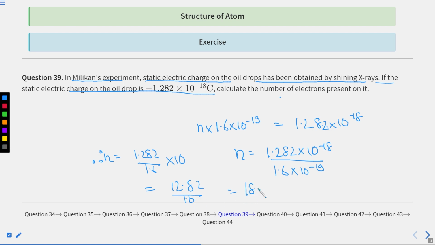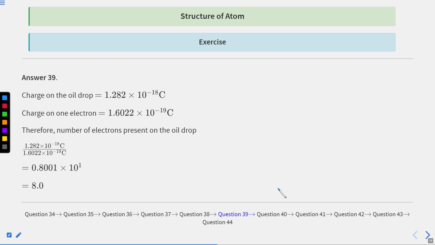This will give us 1282 by 160. Okay, clear? So if you calculate this value, you will get n is equal to 8. So first we have written the charge divided by the charge of one electron, that would give the number of electrons.